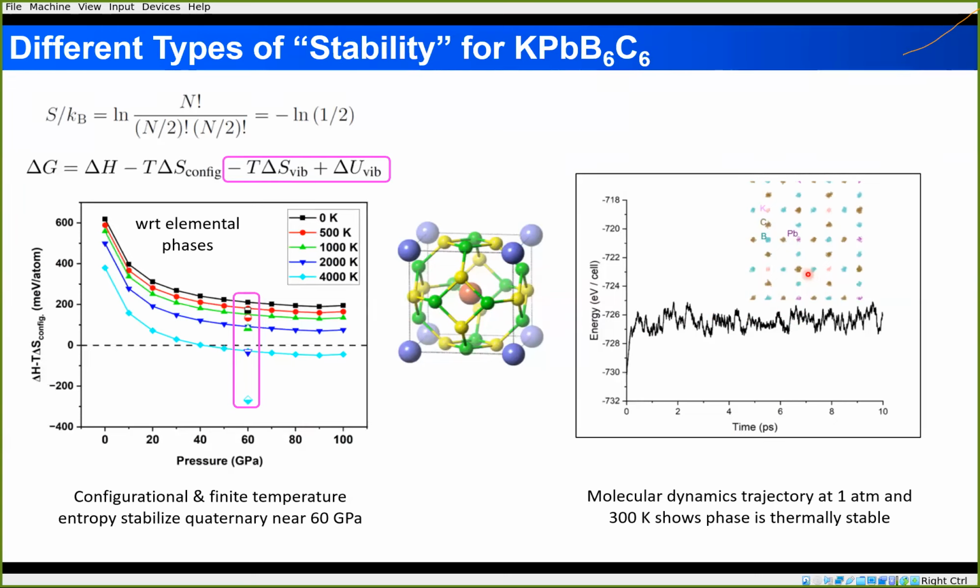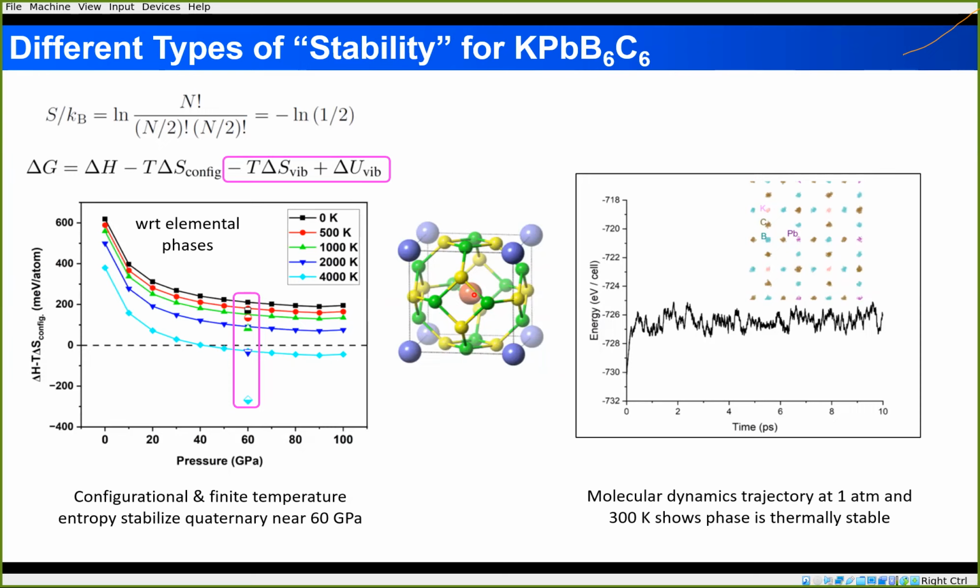Looking at just straight up thermodynamics, if we looked at the formation enthalpy with respect to the elemental phases, it's not particularly favorable. But if we consider the fact that in principle, if there is no site preference for where the metal atoms lay, then you could have a configurational entropy term that is stabilizing the system.